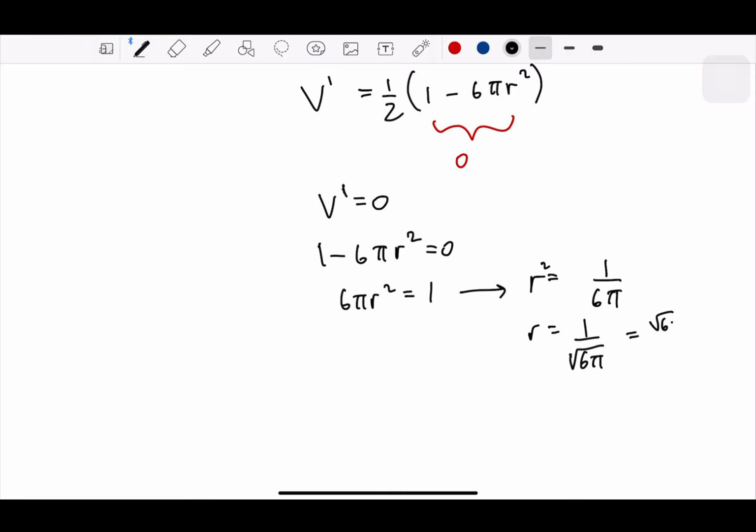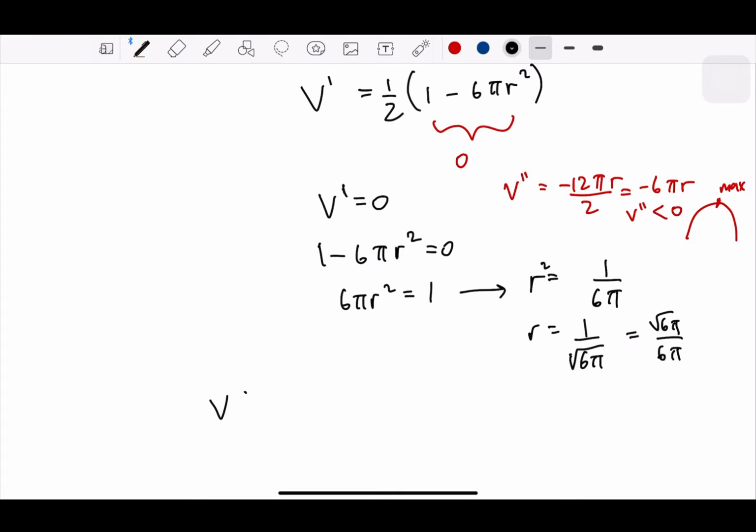And if we check the second derivative, this will result in negative 12 pi r, divided by 2, negative 6 pi r. So the second derivative is less than 0, so we have concave downwards. So it's true that it's a maximum value at this point.